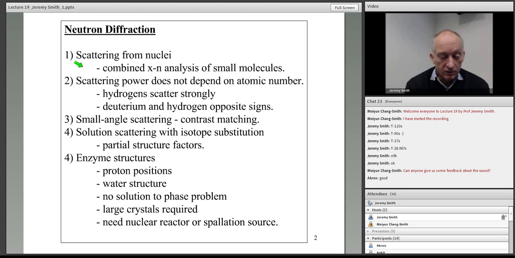X-rays cannot. X-rays scatter from electrons. So what you will get there is the distribution in a CH bond of an electron density. That comes out of the Fourier transform of the scattering pattern.